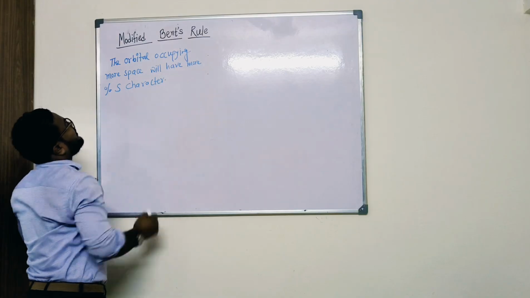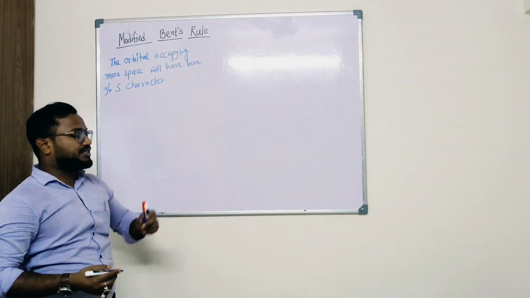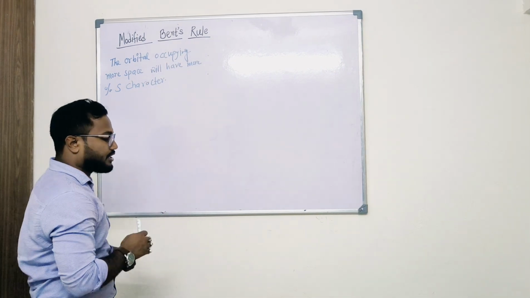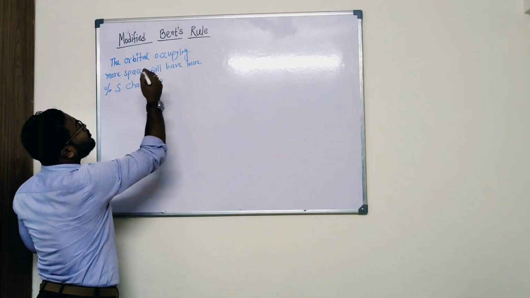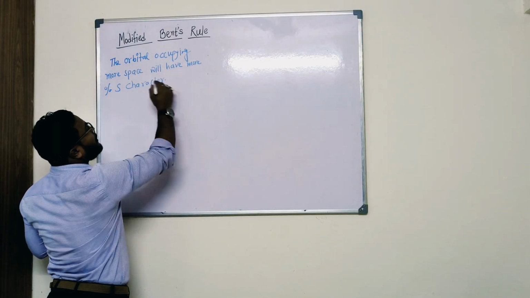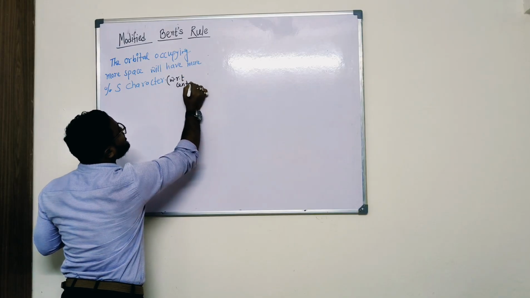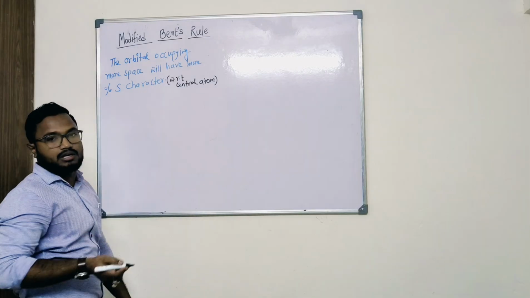So the orbital having or occupying more space will have more percent S character. Now how can we explain that? Let's check. And this occupancy, occupying more space, is decided with respect to the central atom.